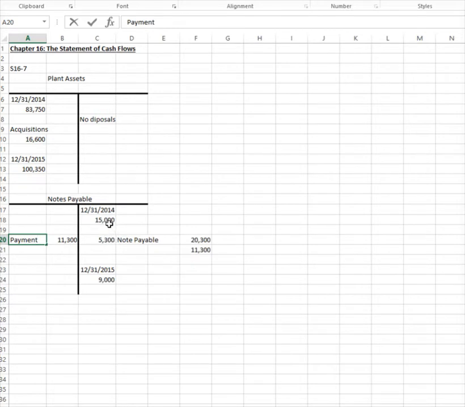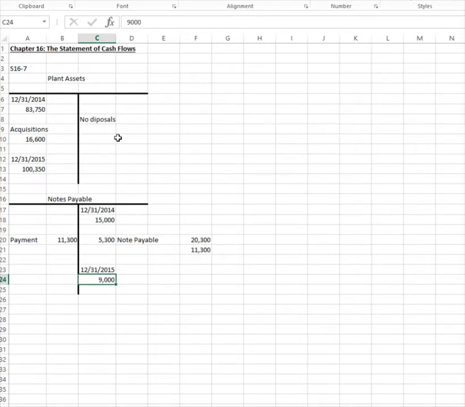And since I already increased from the starting balance of $15,000 to $20,300, I now need to reduce it by $11,300 to get to my ending balance of $9,000.